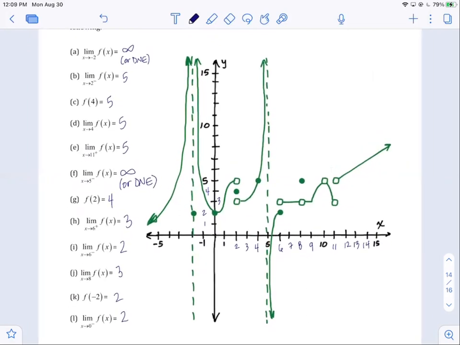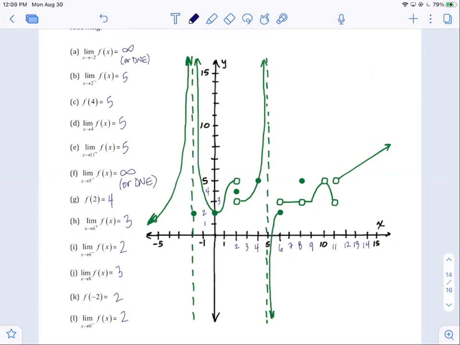How about the others? Did we get the same on the others? Good. Any questions on any of these? These are pretty straightforward. It's really intuitive. You're looking at the roads, and then you're looking at the dots. I will point out, at -2 on the second to last one, just because you see a vertical asymptote and the graph on either side, there is a dot at -2, 2.